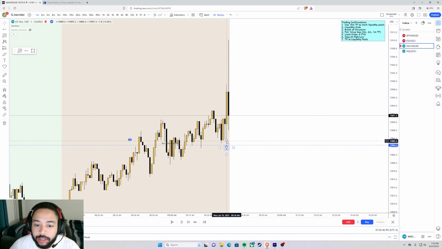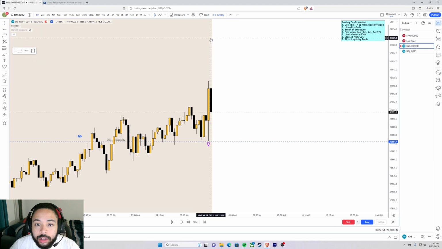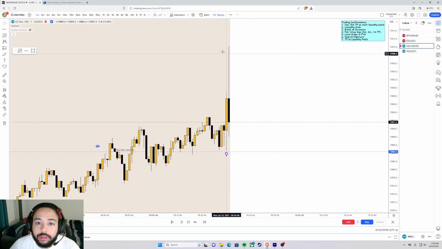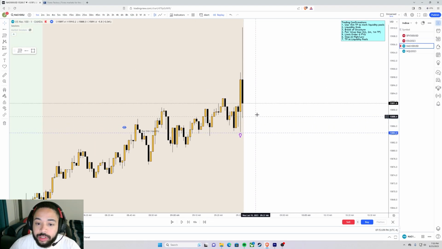Candle to the left, candle right here, and then candle to the right. So it clearly made a swing, and I'll mark this purple so you can clearly see it. This push here also made a new high, which is also what we want to see because remember, buy side liquidity was taken, so we want to see as many orders activate as possible before making a rundown. So this is the swing.